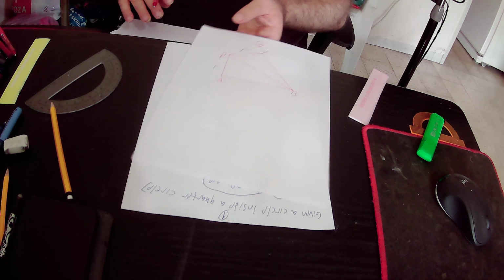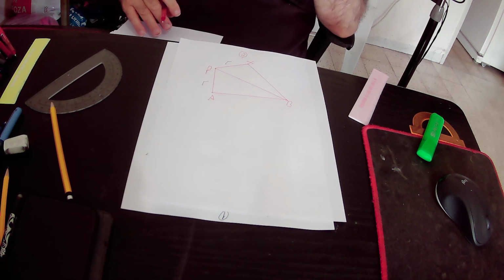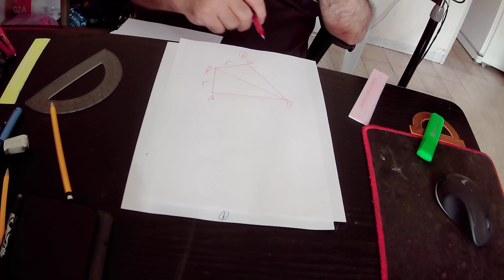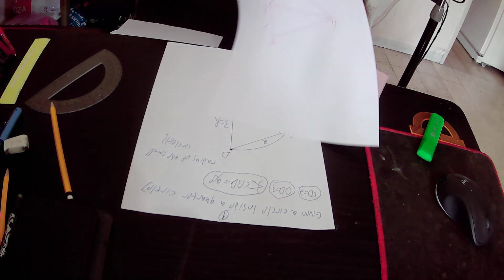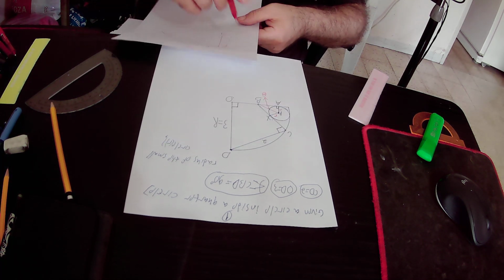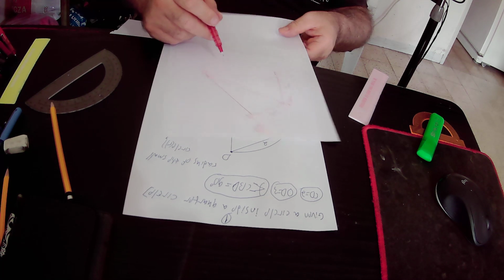So I drew triangle PBX and triangle APB again. On these two triangles, we know that AP equals PX. Both those sides are the radii of the small circle, so they are equal to each other.